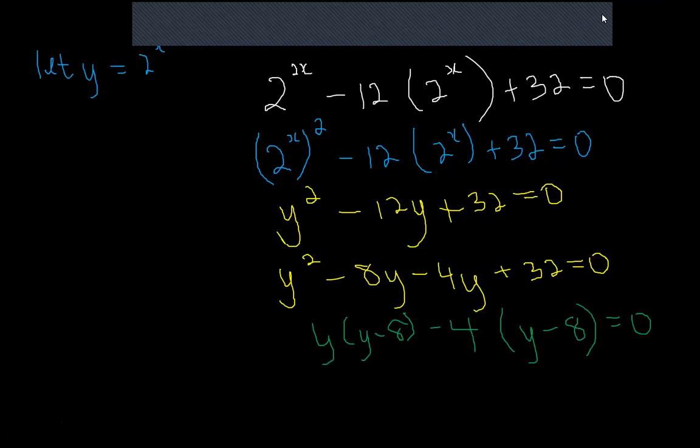That's not good. You need as many marks as possible, right? So my two factors would be y minus 8, and my other factor would be y minus 4, equal to 0.